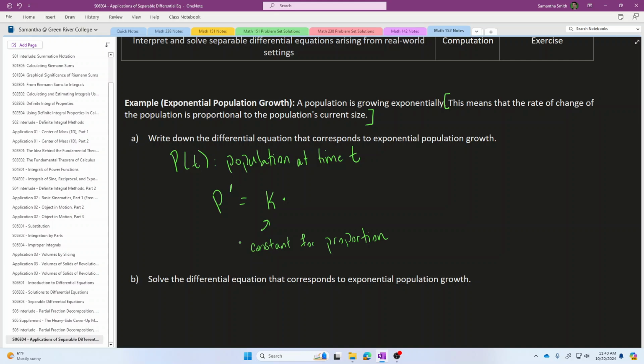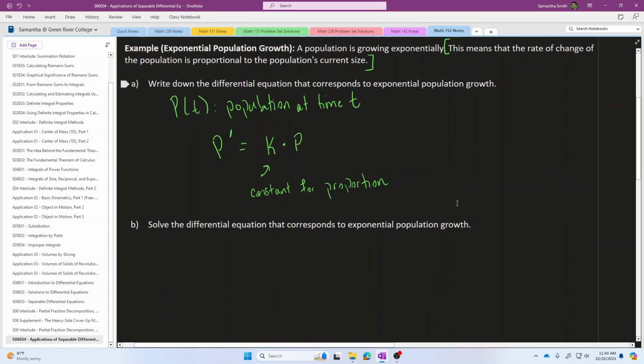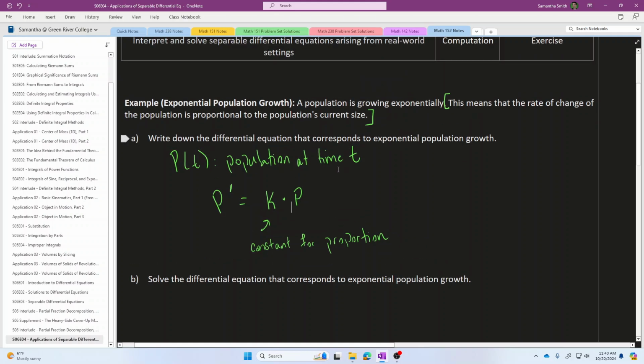Proportional to the current size of the population, and symbolically the current size of the population would just be represented by the letter p. P here is standing for the population at time t. So this differential equation right here, p prime is equal to some constant times p, is the differential equation that corresponds to exponential population growth.